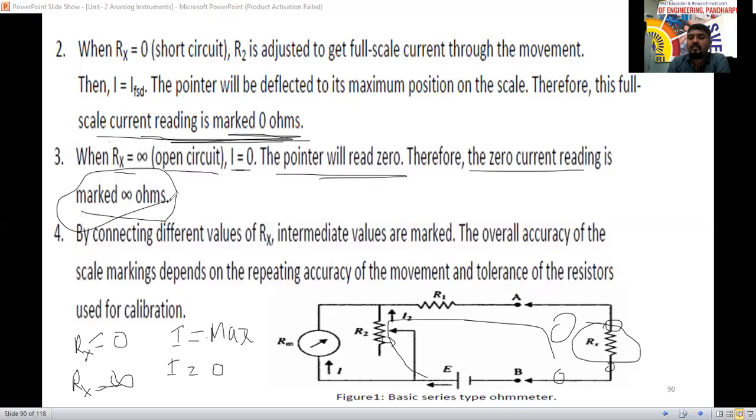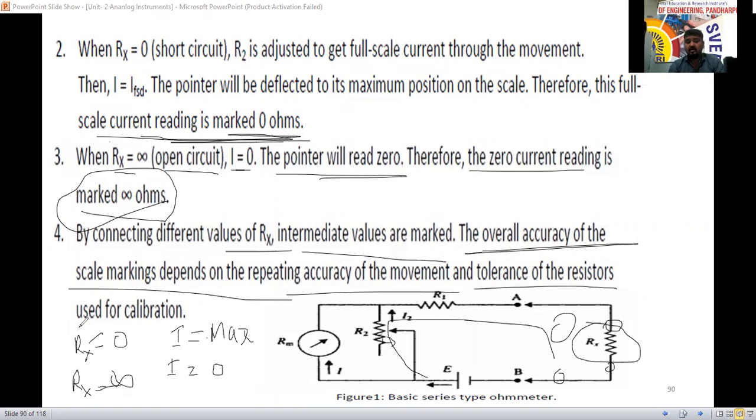If the current is 0, then the resistance is infinity. By connecting different values of Rx, intermediate values are also marked. The overall accuracy of the scale marking depends upon the repeatability of the movement and the tolerance of the resistances used for calibration.